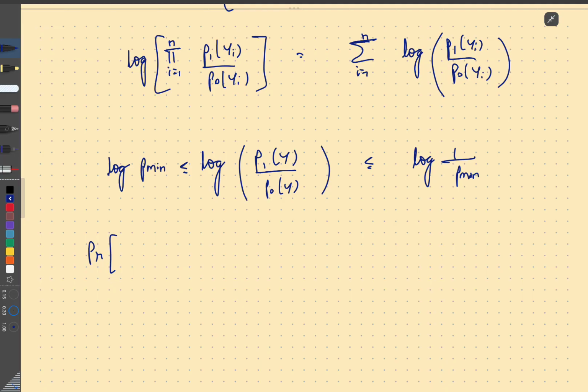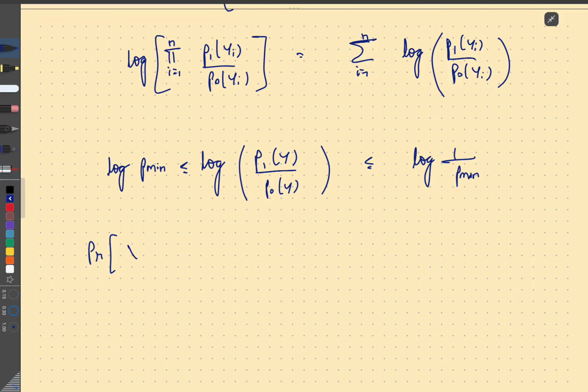So under a given hypothesis, this particular quantity is a sum of bounded IID random variables. Now the distribution of this could be arbitrary. I don't really know because I have very general assumptions. But no matter what happens, I know that this is bounded between log P min and log 1 by P min. Which is particularly nice.